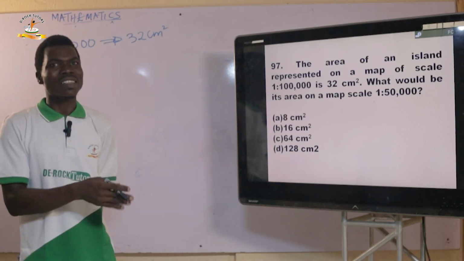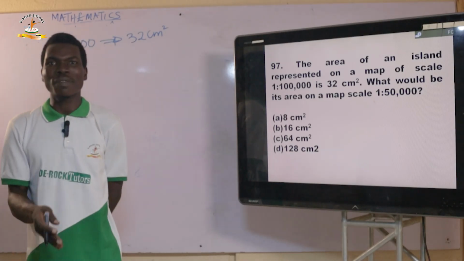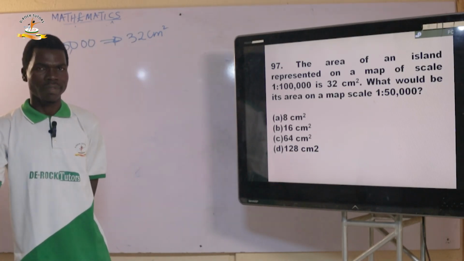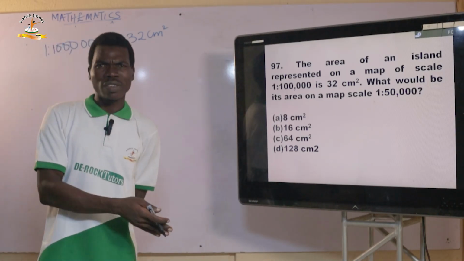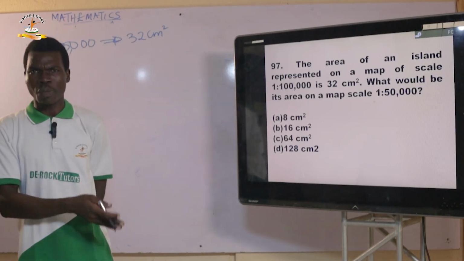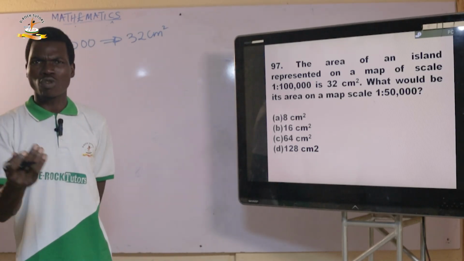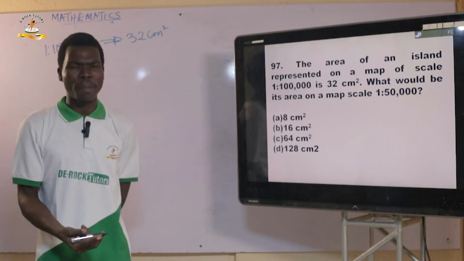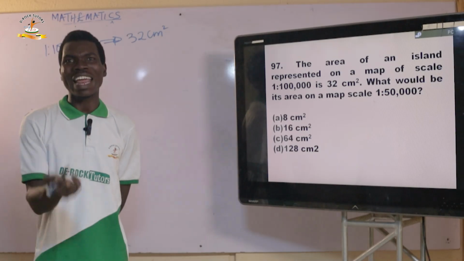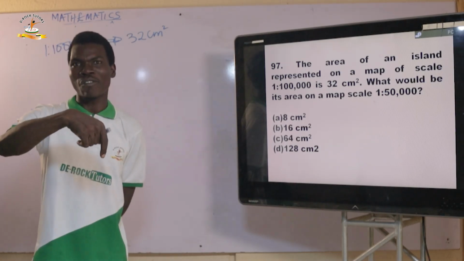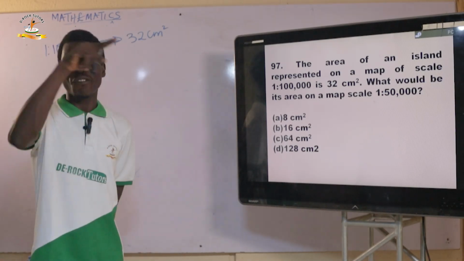So the first map says every 1 you see on this paper represents 100,000 on the land. The second one says every 1 you see on the paper represents what? 50,000 on the land. What can you say between the two maps? It means the second map is a form of enlarged version of the what? Of the first one.